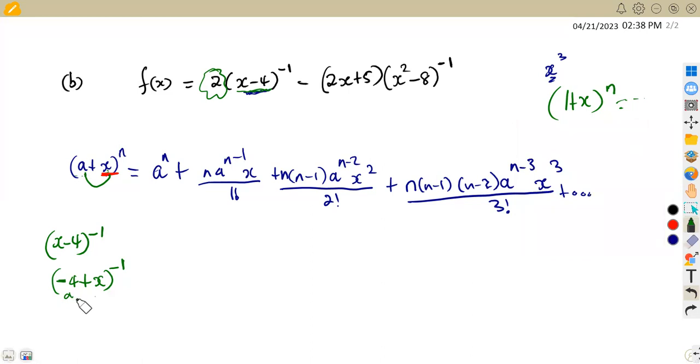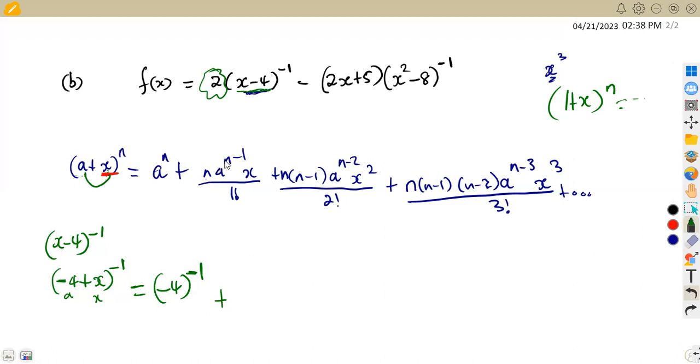So if I have this as my a and this as my x, I can simply substitute into the formula, because I'm given the binomial formula. The a to the exponent of n, our a is negative 4. So this is going to give us negative 4 to the exponent of n, which is negative 1. Plus, n is like the derivative part.